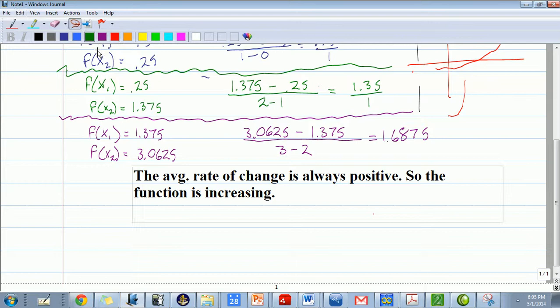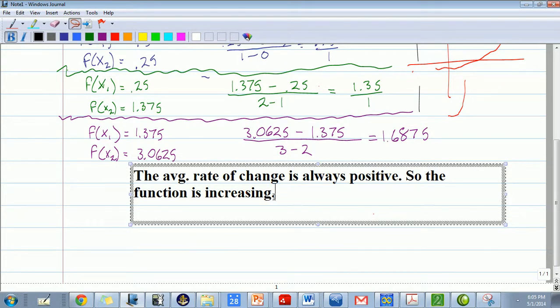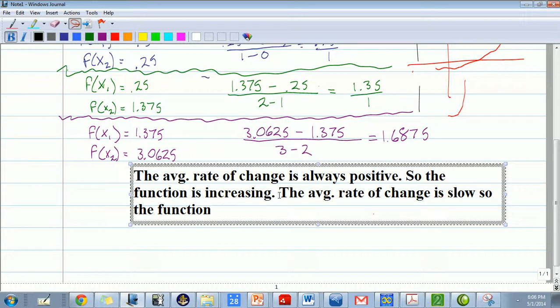So, I mean, after something like that, you guys can say something like, after saying that the function is increasing, the average rate of change is slow, so the function is not increasing at a fast rate.